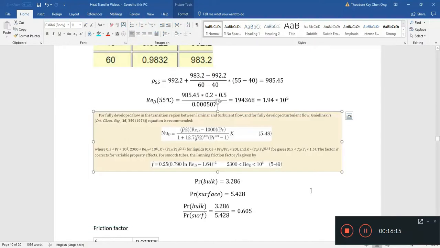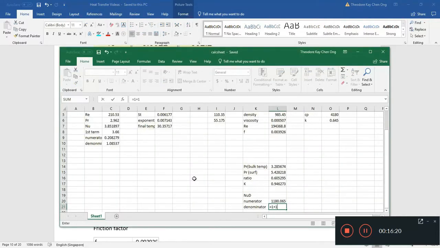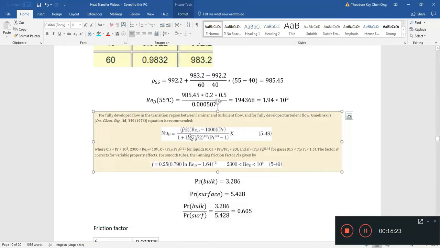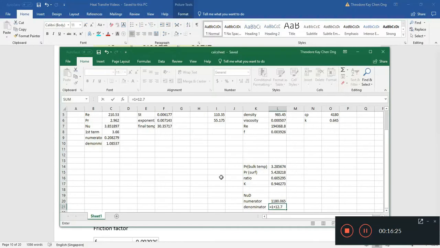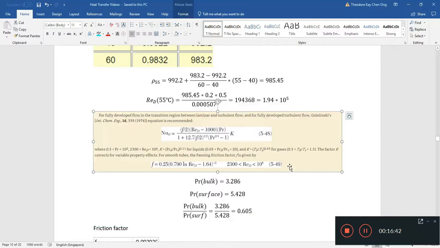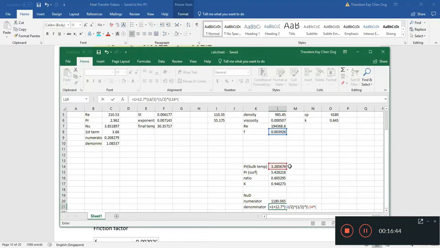That's the numerator. Denominator: 1 plus 12.7 times F over 2 to the half, times the Prandtl number at the bulk temperature to the power of 2 over 3, minus 1.